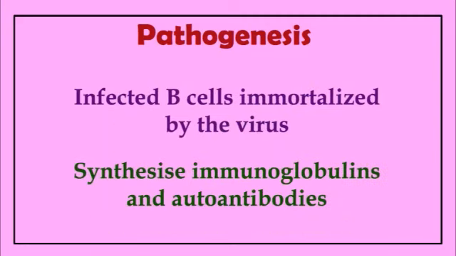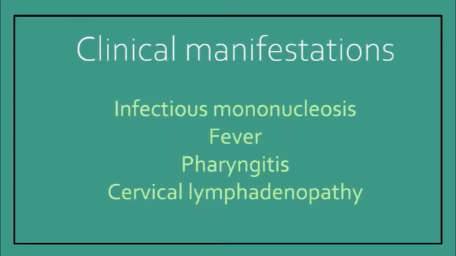Infected B cells become immortalized by the virus and synthesize a large variety of immunoglobulins. Many of those are autoantibodies. In response to this, the bystander CD8 lymphocytes are stimulated and appear atypical. Now coming to the clinical manifestations.